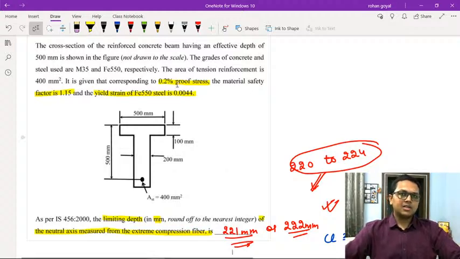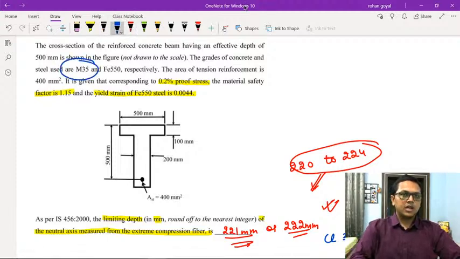Now if you have noticed, many of the values given in the question are of no use. For example, the grade of concrete, area of steel, width of the web, width of the flange, depth of the flange.